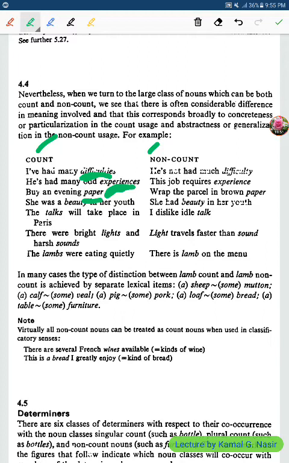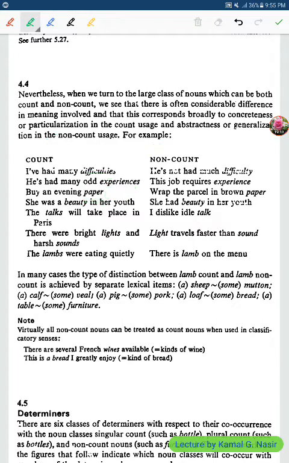So these types of paper can be pluralized, can be counted. So this is one type. It is an evening paper. You see, then it is counted. Wrap the parcel in brown paper. Now this paper is what? Non-counted.